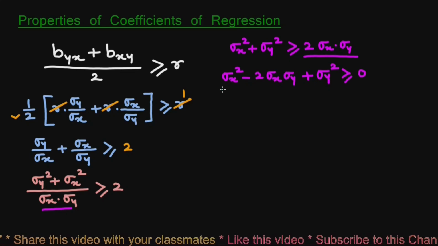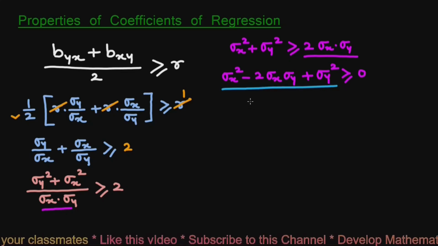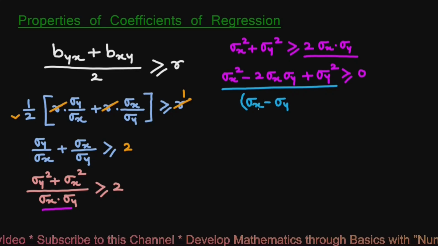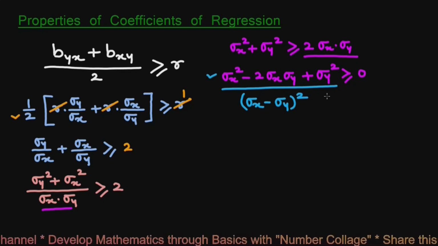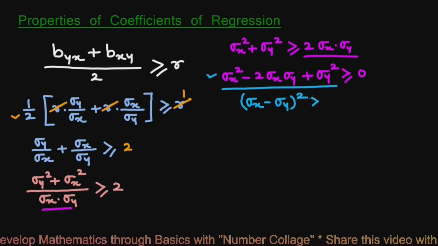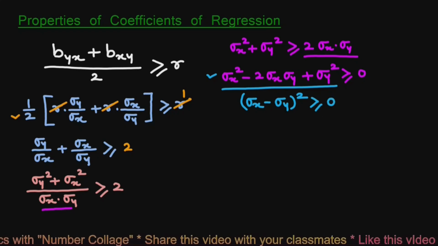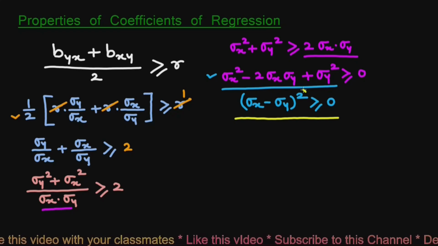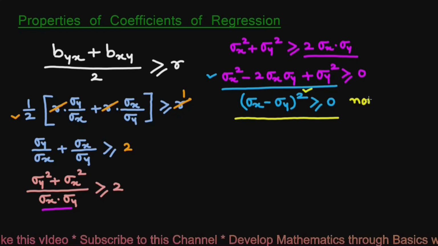Now this is a perfect square, which can be written as sigma x minus sigma y whole square, whose expansion is this left hand side expression, and it will be greater than or equal to 0, or non-negative. Now this is very much true because square of any real quantity is always non-negative.